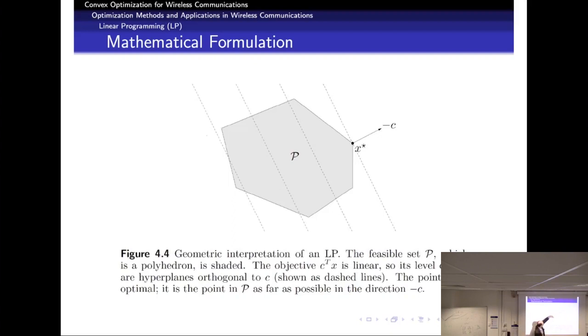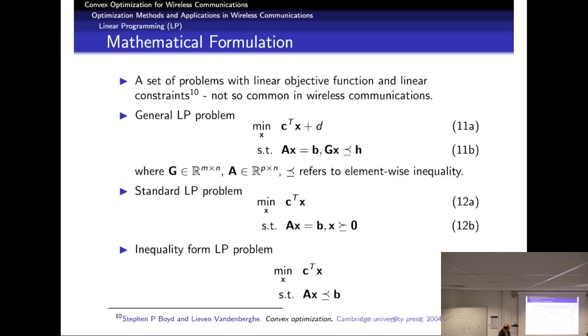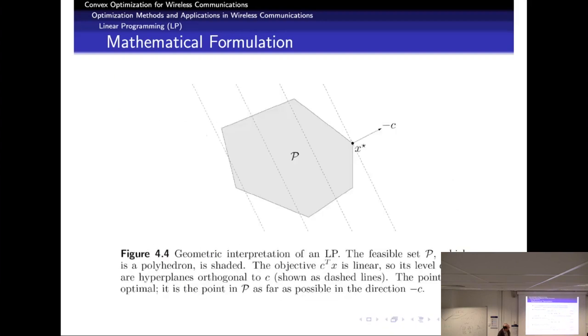So it says those lines are the curves for which the objective function is constant. So this is the value of c transpose x, c multiplied by x. This is my objective function, and I'm looking at different values of it.